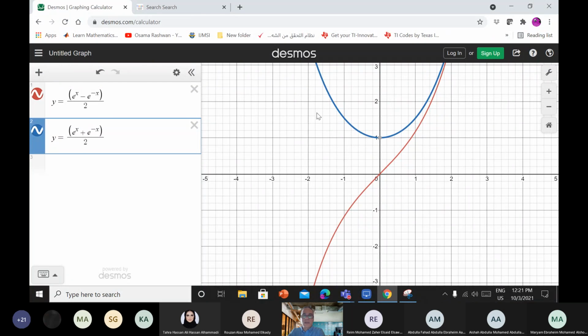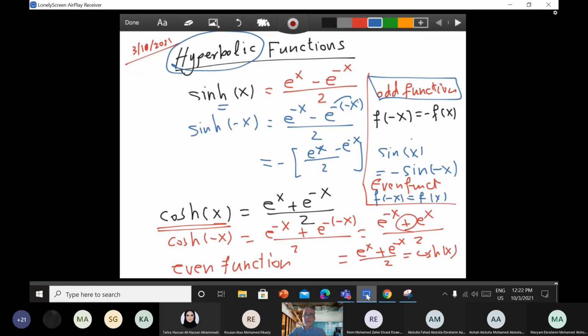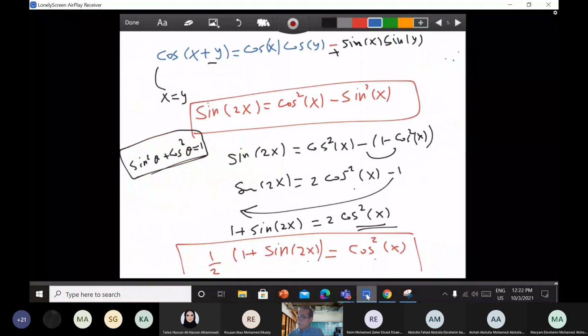So this is a graph of the hanging bridge, right? It is a cosh shape, right? Okay, now we got the idea and we start with the hyperbolic functions similar to the trigonometric functions.